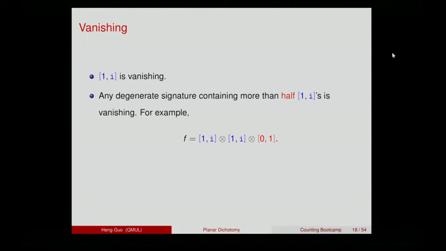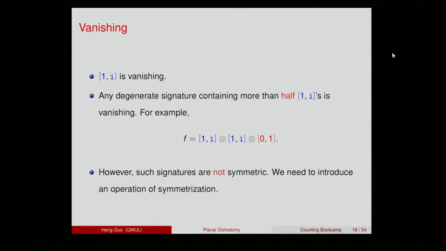Then this must be vanishing, because whenever you have this function in the instance, in the tensor network, you can always decompose it, and there will be more than half 1i in the network. Then two of them will definitely match however you align them. Whenever this matches, it gives you a factor of 0, making the whole sum 0.